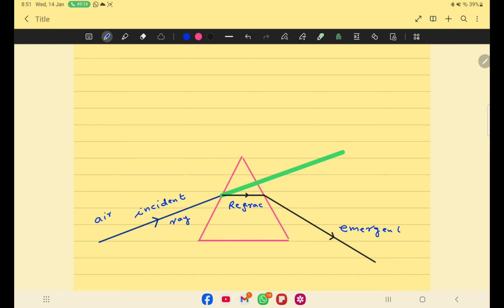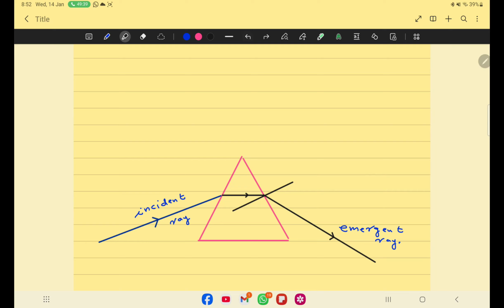Okay. So light, yes? No, no, it is bending away from the normal. If I draw a normal here, consider this is the normal, you can now see this is the original path, and the light is not following the original path. It is bending away from the normal.